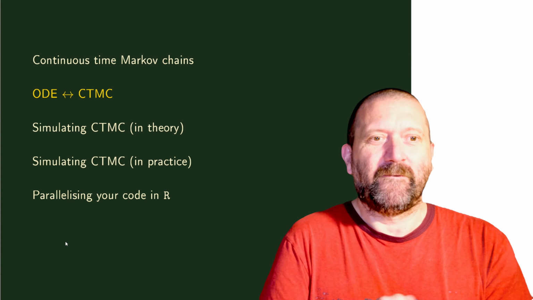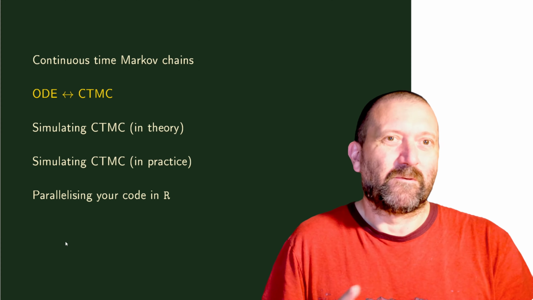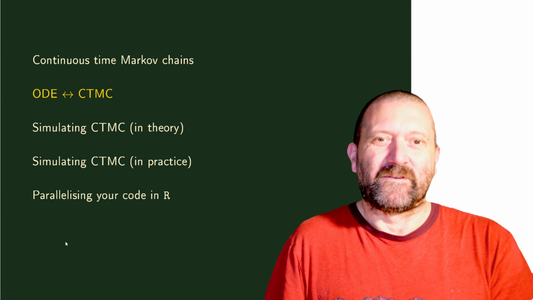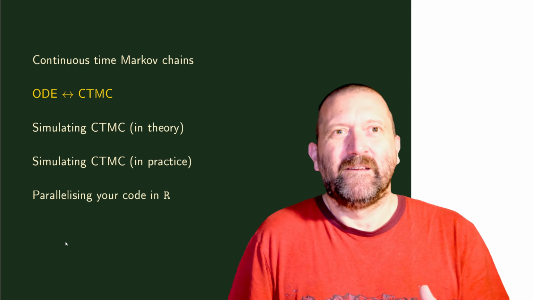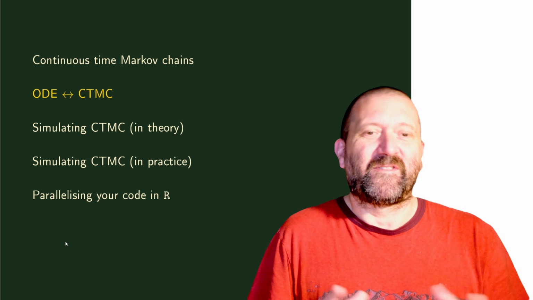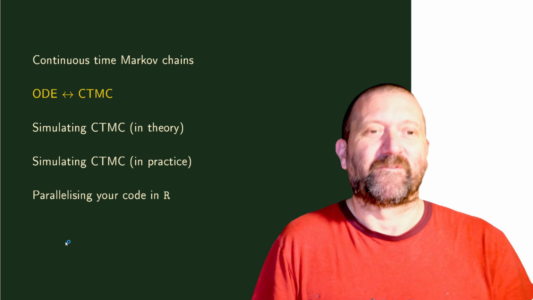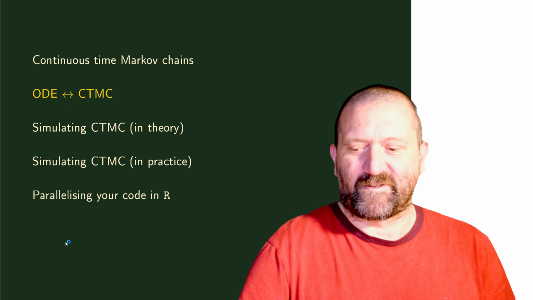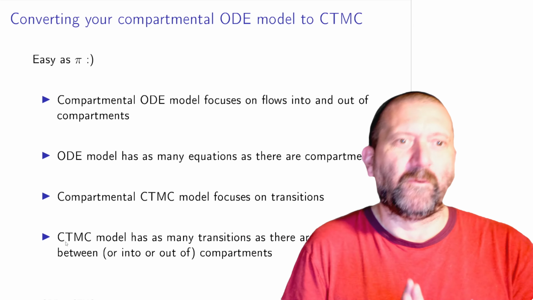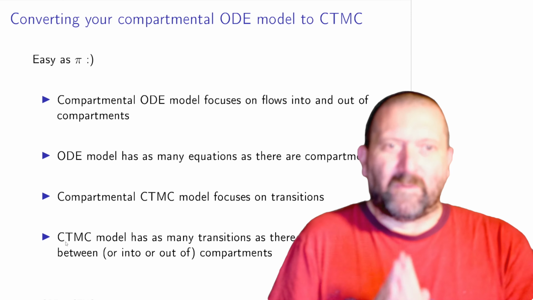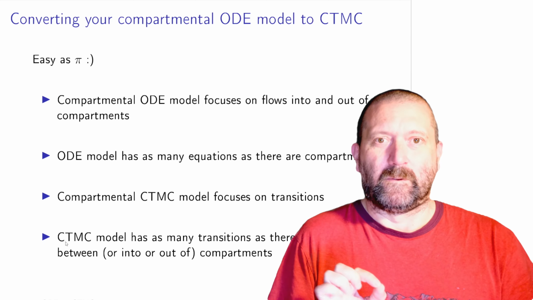So first thing is to understand how to go from an ODE to a continuous time Markov chain. And once you understand this, then it becomes very, very simple to implement Markov chains in a continuous manner in your models. So I will just point out that converting an ODE, and I stress a compartmental ODE.